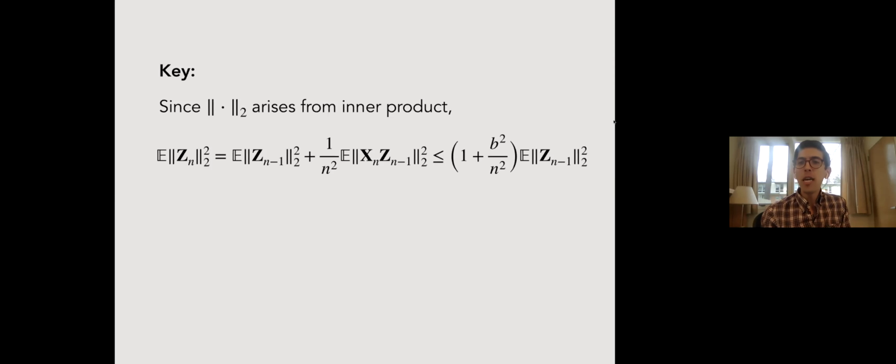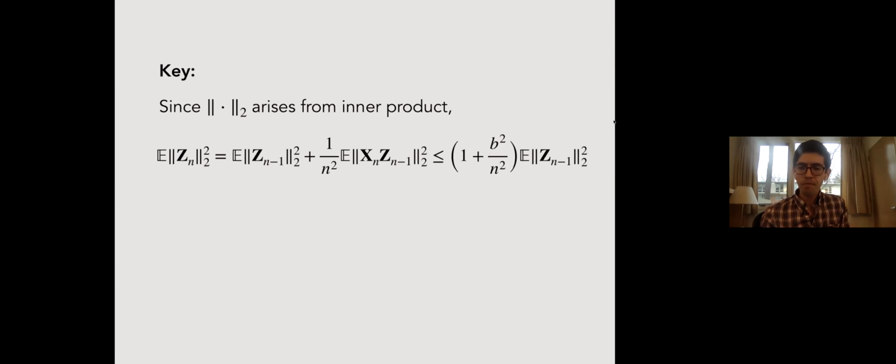Then by using the almost sure bound on X_n after this decomposition, I get the inequality: expectation of Z_n squared is less than or equal to (1 plus b squared over n squared) times expectation of Z_{n-1} squared. And this was the thing that we could iterate in order to get a non-trivial bound for the size of Z_n.